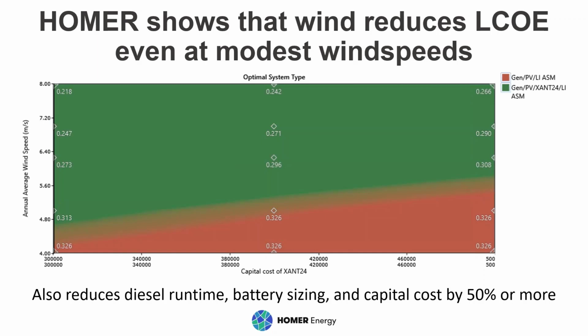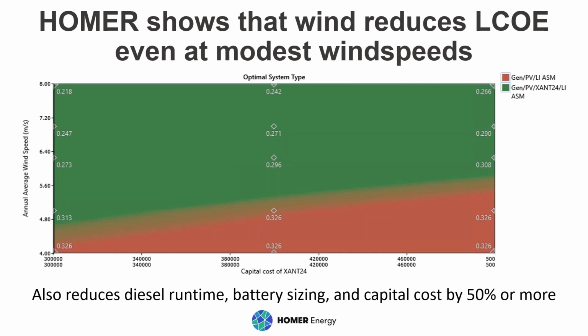So I took wind data I had for this island in Indonesia, and Homer gets that from a global database. Wind is very site-specific. We always recommend that you do a sensitivity analysis on the wind speed to see how much it matters, because the wind in your specific location might be a little different than wherever you're getting your data from.